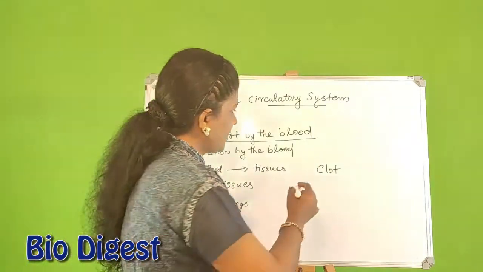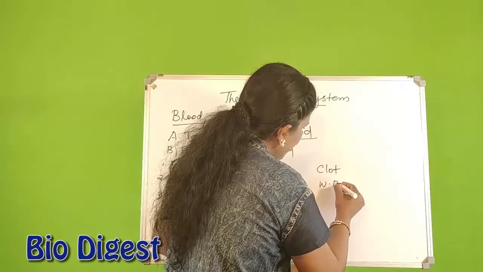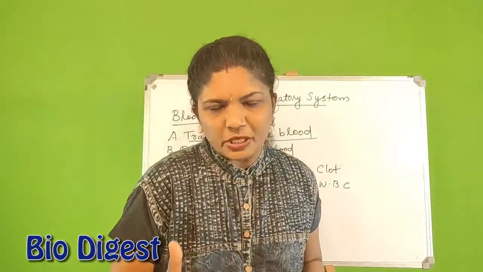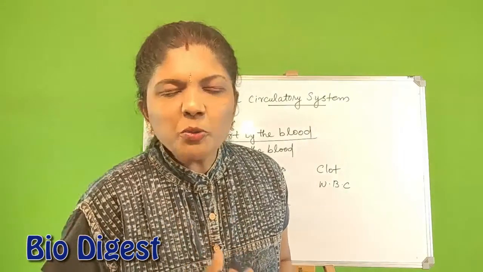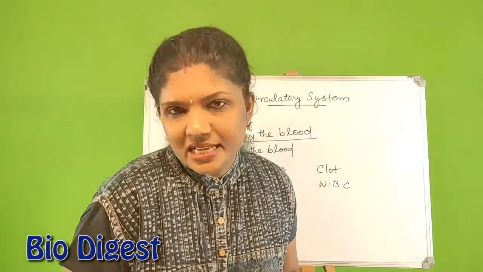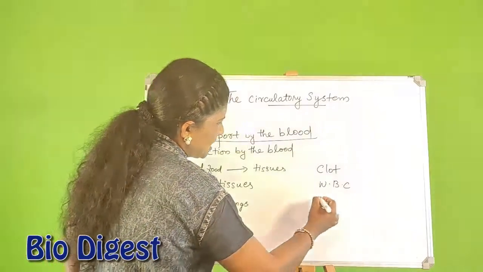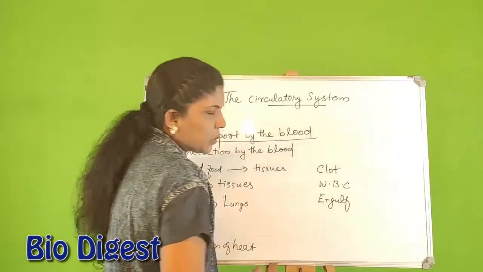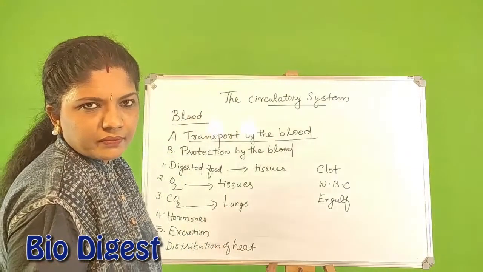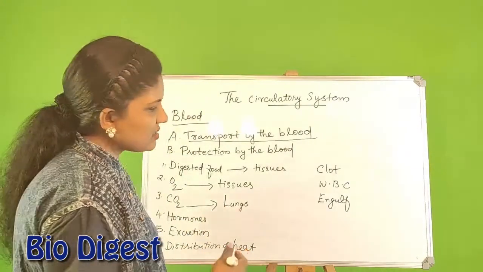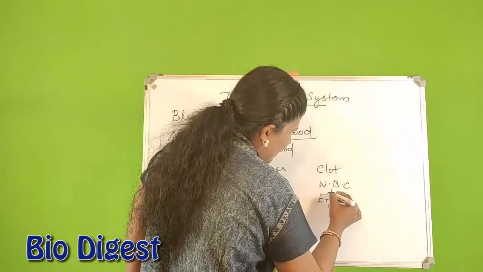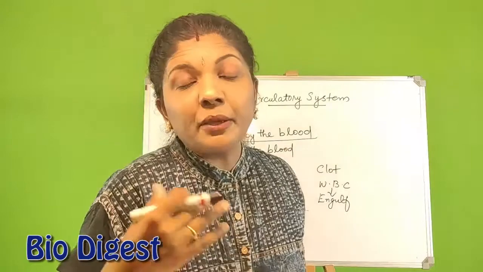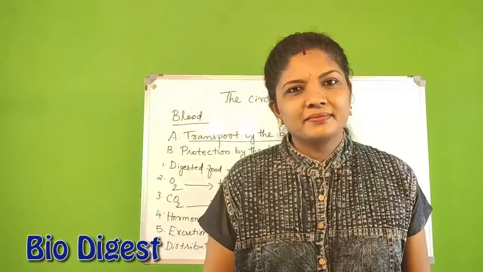Another is WBCs, that is the white blood cells. We will come across this in this particular chapter. WBCs have a property: they will engulf disease-causing microorganisms like bacteria, viruses, etc. In that manner also, the blood is offering protection to the body.